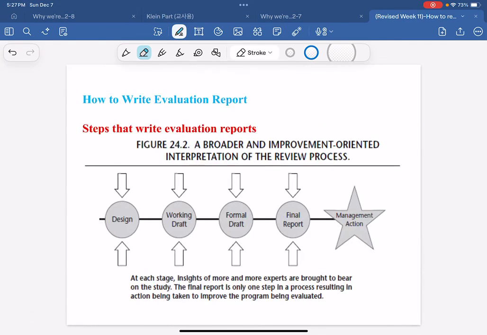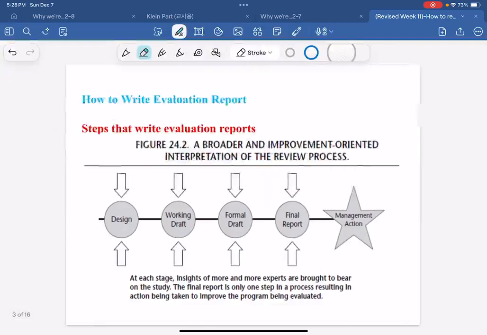And then these are the steps to write the evaluation report through the figures, and you can identify the steps that you write the report: design, working draft, formal draft, and final report, right?